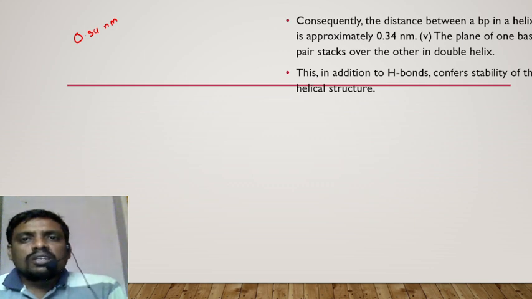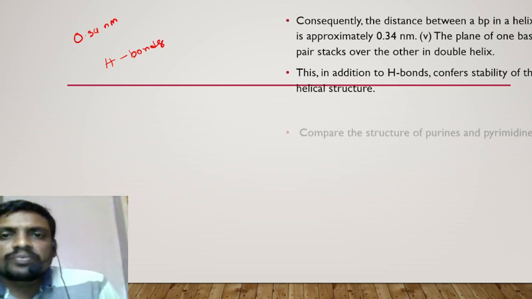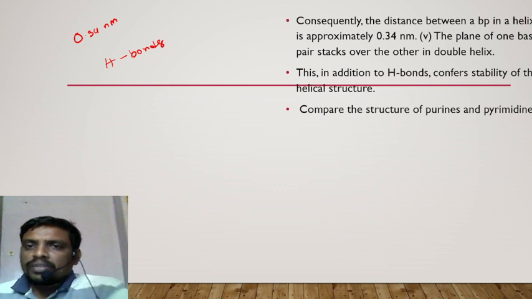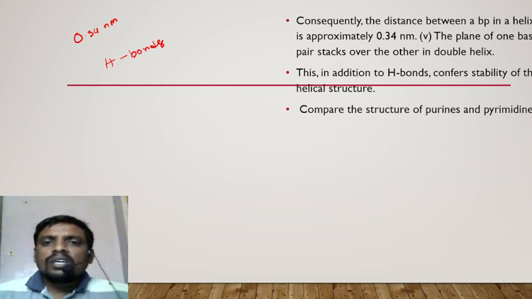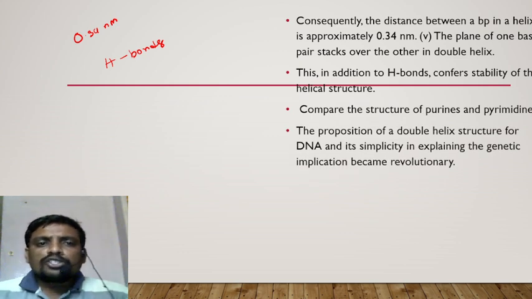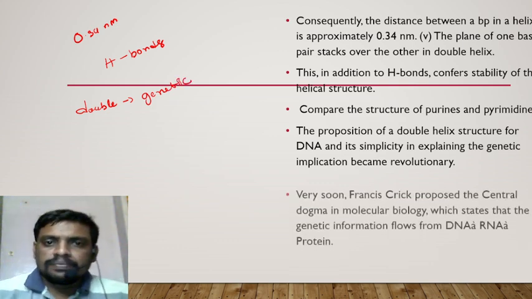This, in addition to hydrogen bonds, confers the stability of the helical structure. The stability of the double helical structure depends upon the hydrogen bonds. Compare the structure of purines and pyrimidines. The proposition of the double helical structure of DNA and its simplicity, explaining the genetic implications, became revolutionary.